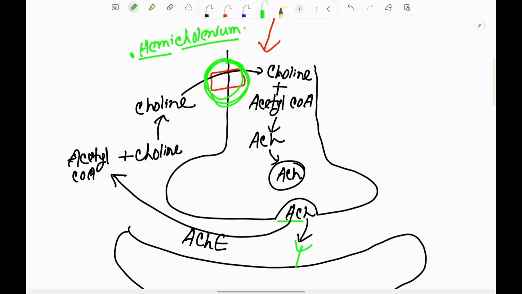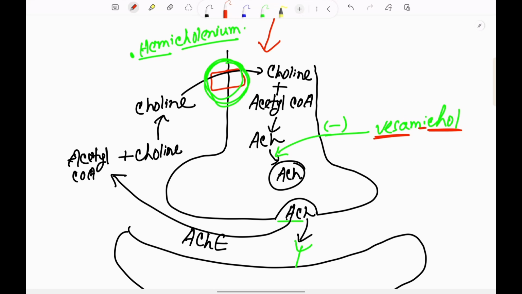Then our second drug will act on the vesicularization of acetylcholine. It will inhibit the entry of acetylcholine into the vesicle. The drug is known as vesamicol. Here we can remember the action of the drug from its name. Ves means vesicle, I means inhibit and col means acetylcholine.